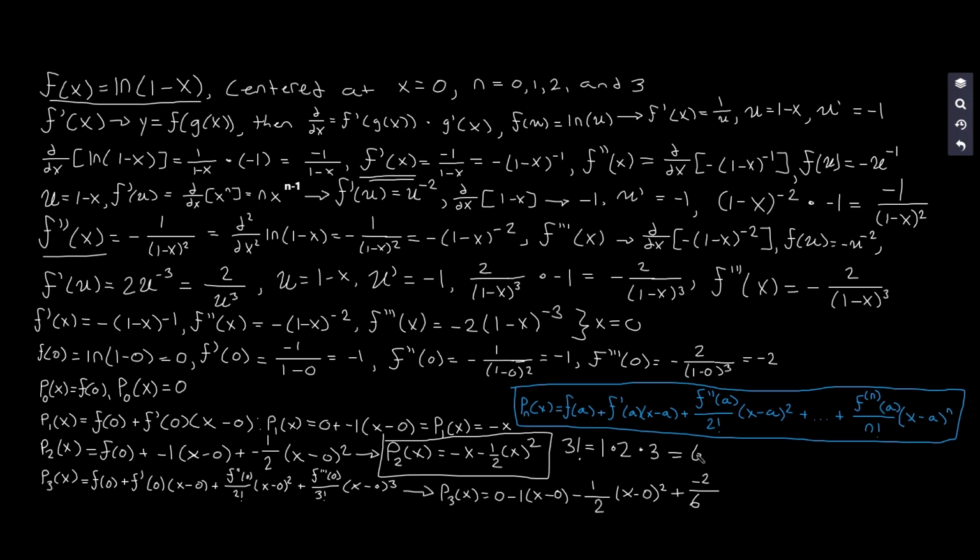Fun fact, factorials increase faster than exponents. I'm pretty sure they do increase faster than exponents. They increase really, really fast. Times x minus 0 raised to the third power.